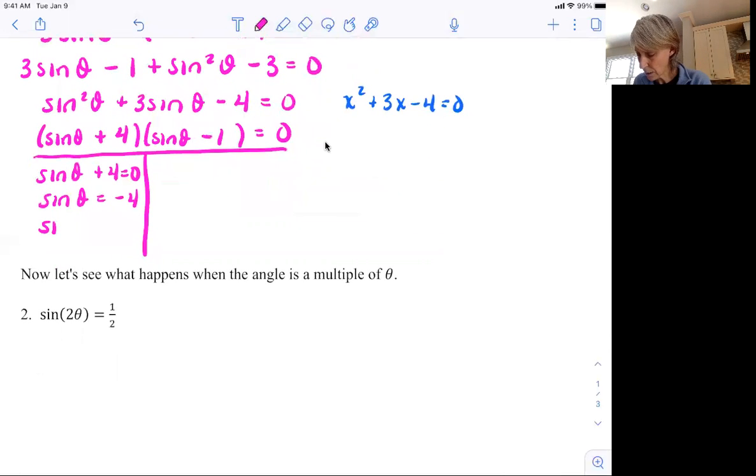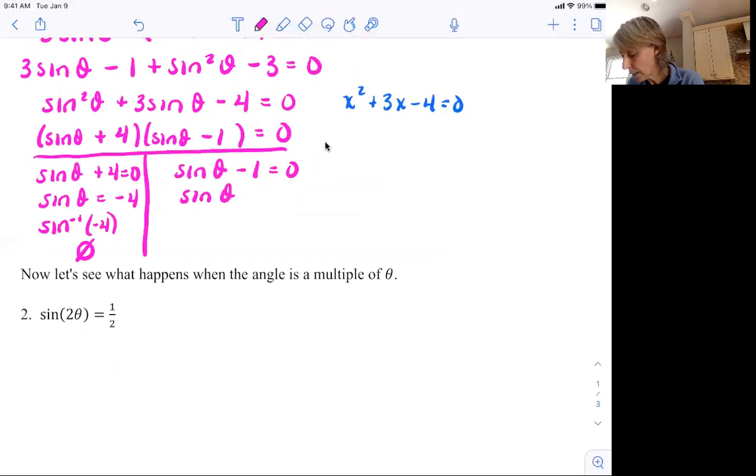So an angle whose sine is -4, obviously no solution. Sine theta minus 1 equals 0, so sine theta equals 1. An angle whose sine is 1 comes from one of our quadrant angles.